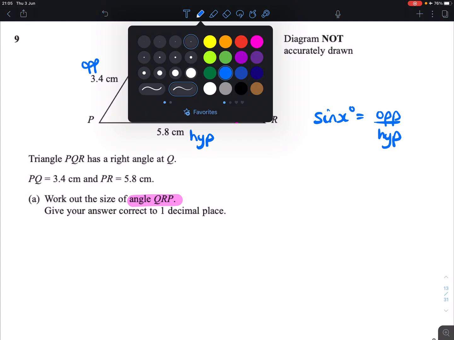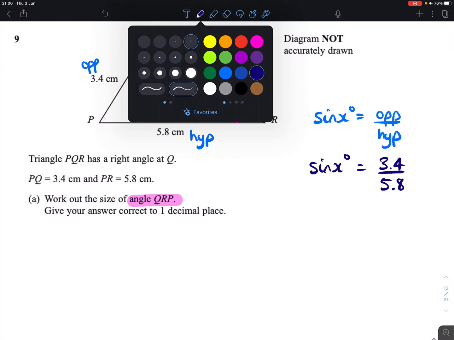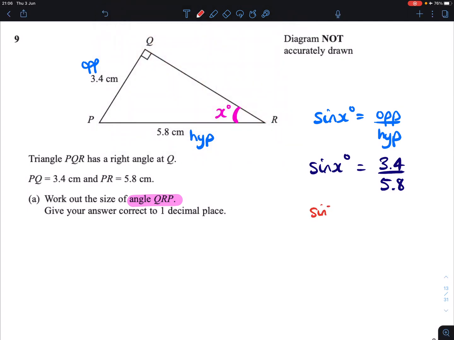Quote that and plug everything in the right place. Our angle is the unknown, so we leave x as x, but it wouldn't matter what letter you chose. 3.4 is the opposite. 5.8 is the hypotenuse. Now, in order to get x by itself, we have to inverse sine both sides. So inverse sine of the left-hand side is what's going to make that disappear, basically.